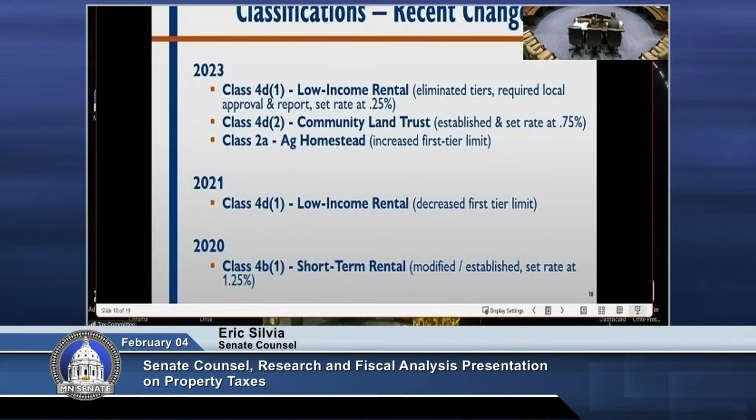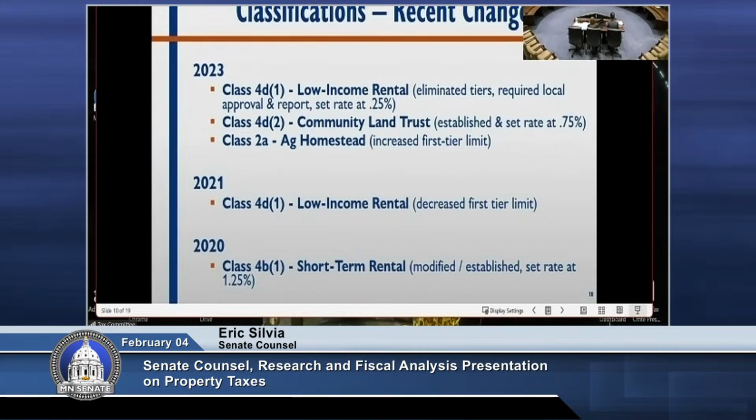In 2023 and 2021, the legislature made several changes to Class 4D property. This is the low-income rental housing property, subject to the proposal we heard earlier this year concerning income averaging. Beginning in 21, the legislature decreased that first tier limit.